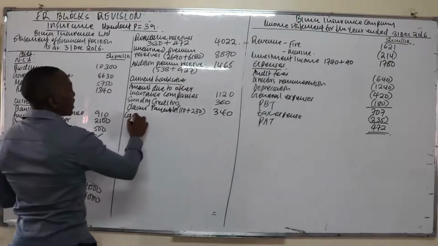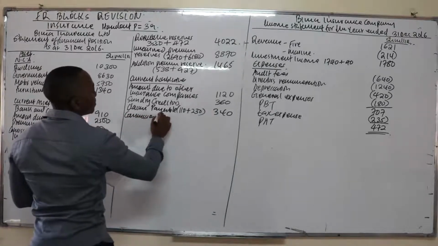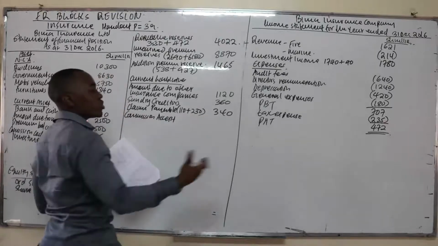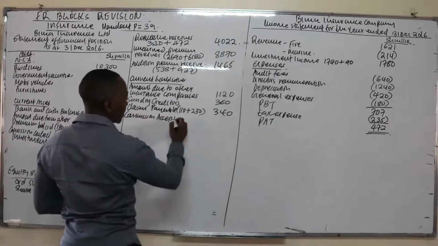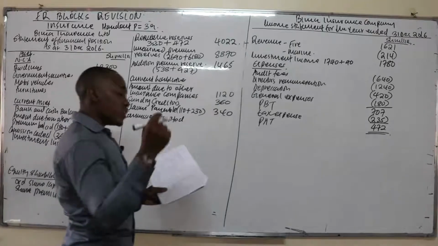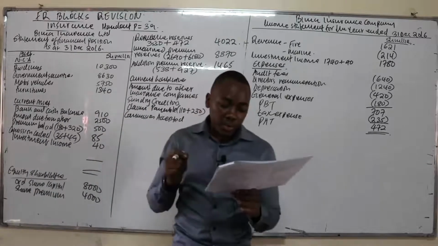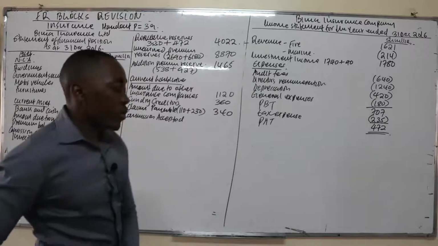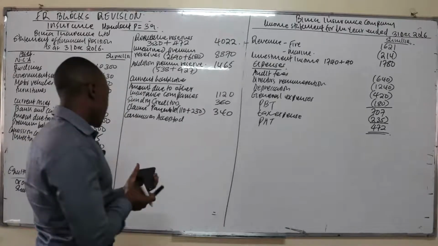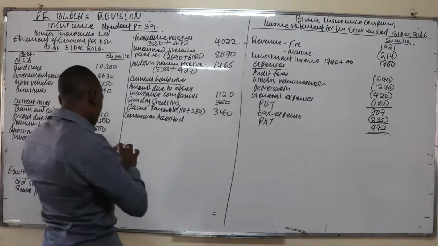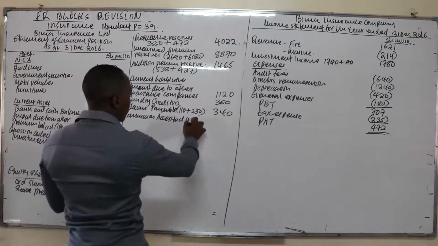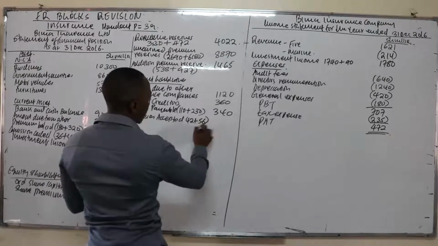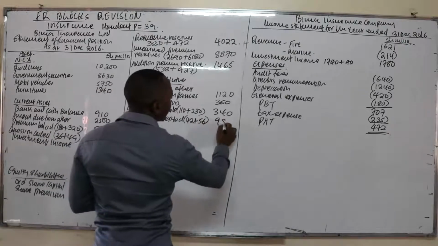Then we have commission accepted. We say that commission accepted is an expense, a commission payable to other insurance companies. We accounted for it, but we have not paid for it. We have to provide it at 5%, and we provided. So when we provided, how much was the amount? You go to the revenue account, and we had 42, and the other one was 56, and you get 98.